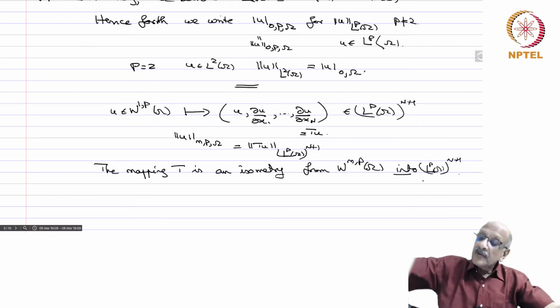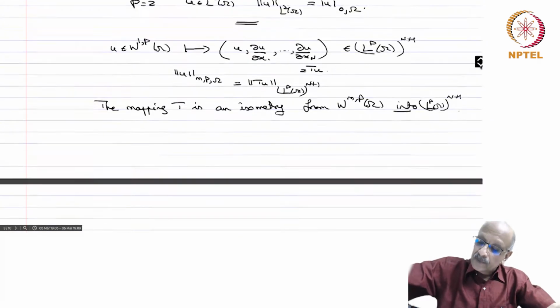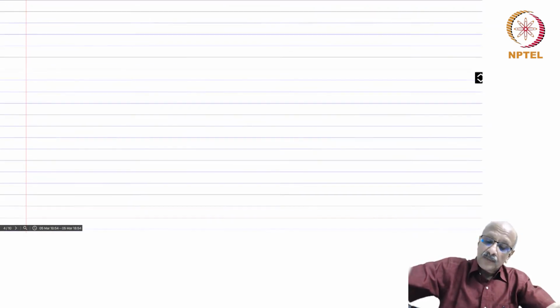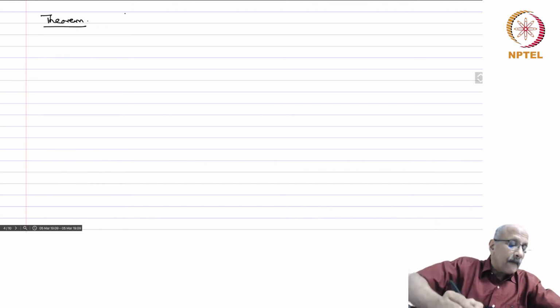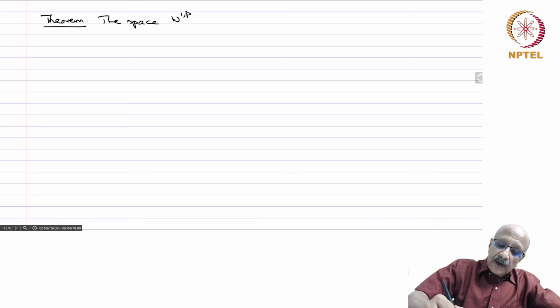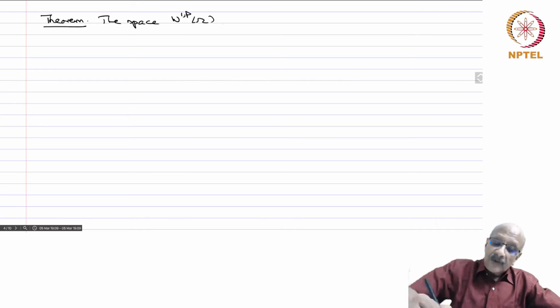Okay, so this tells us the first theorem which we want to do. The space W^{1,p}(Ω) is complete, so it's a Banach space.